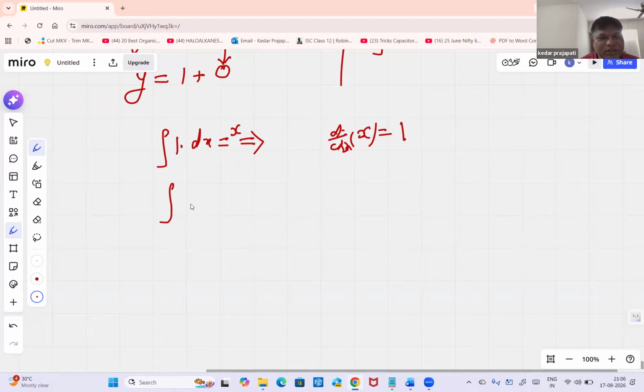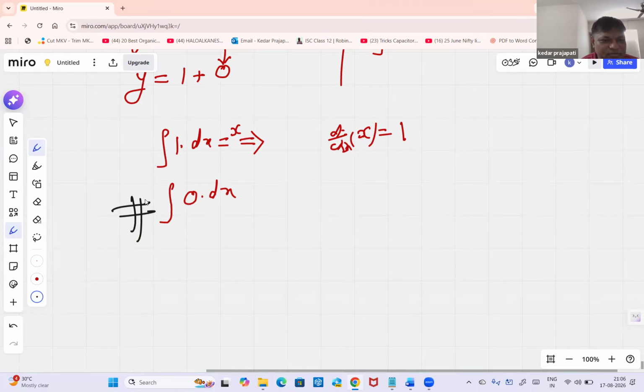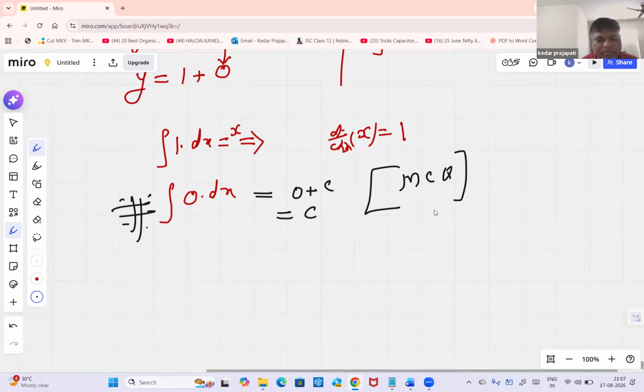Now, in the same place, I'm writing 0, right? This only was the question. This is coming in many places nowadays. Very tricky. So please do not write 0. Okay, it will be 0 plus C, some constant, and the answer will be C. This is a very important MCQ, as well as in some basic places also they give this. Okay.